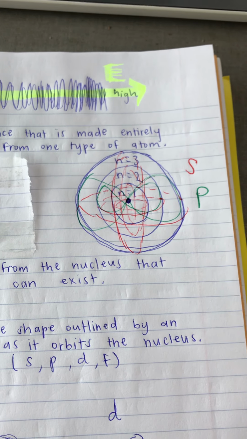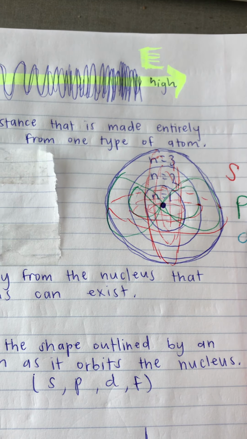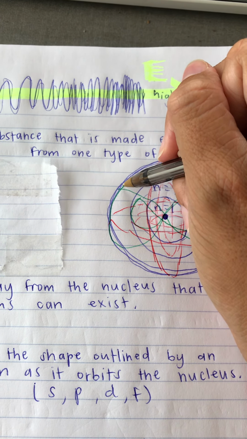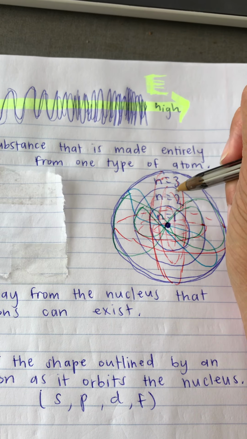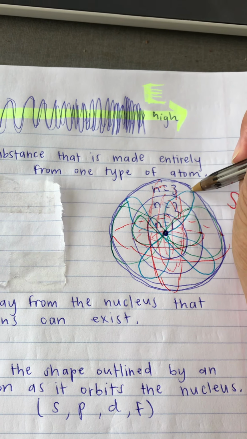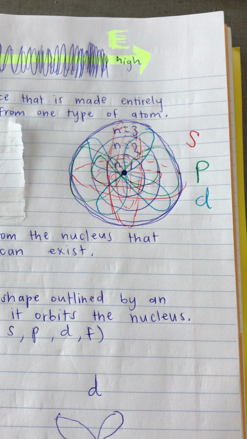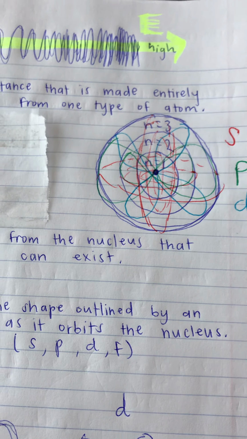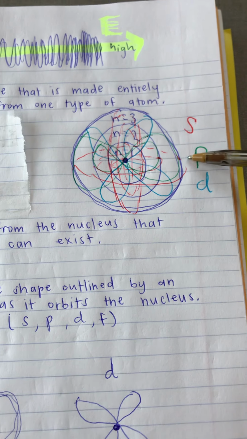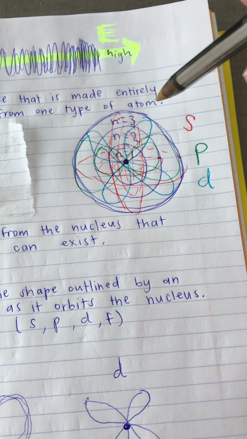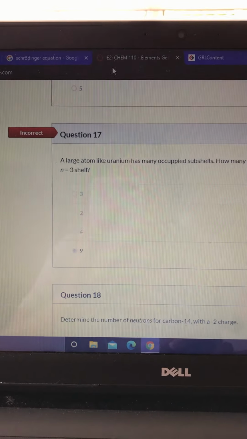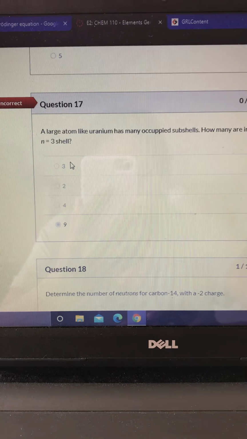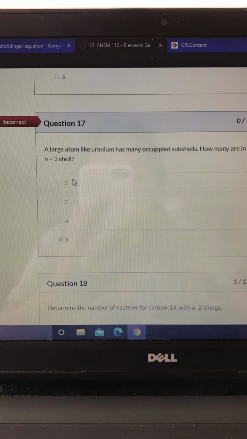Let's do light blue. That's going to be D, and that one can travel like so. That describes the allowed subshells in the n equals 3 shell. So the correct answer should have been 3, the S, P, and D orbitals.